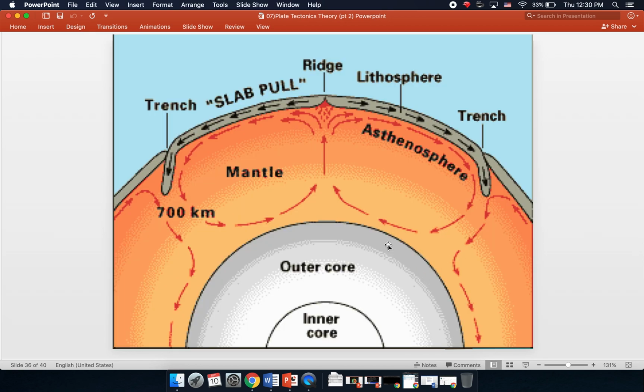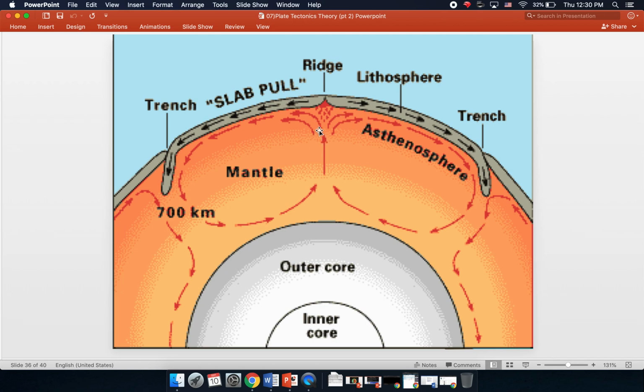Here we have magma that's down near the core of the earth, which is the hottest part of the earth. This magma gets superheated and becomes less dense and rises. Same with this magma here. It rises up to that mid-ocean ridge, and it's putting pressure right here, forcing these plates apart. We call that ridge push.